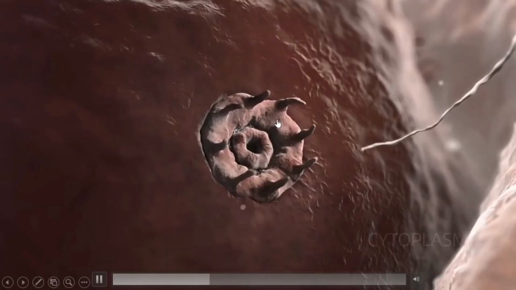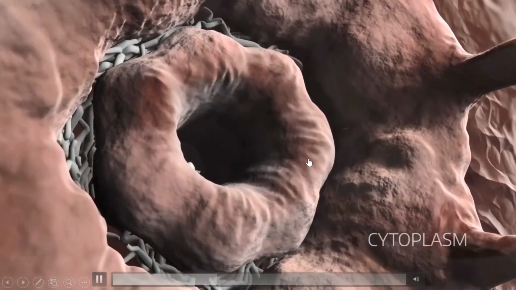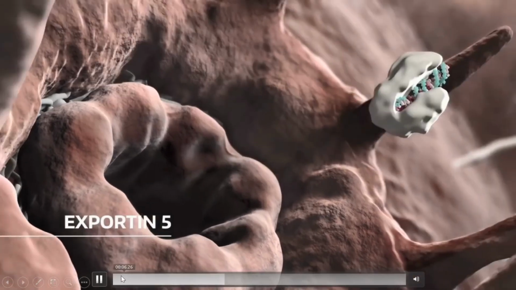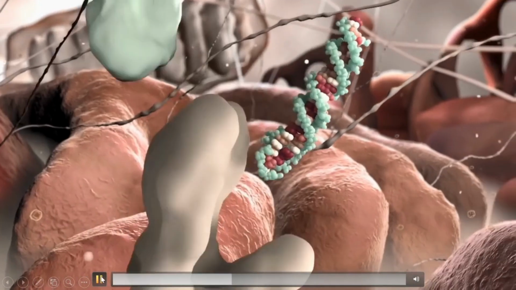In that form, it is transported out of the nucleus with the help of another protein, the exportin protein. This is the exportin protein. It is transported outside the nucleus.